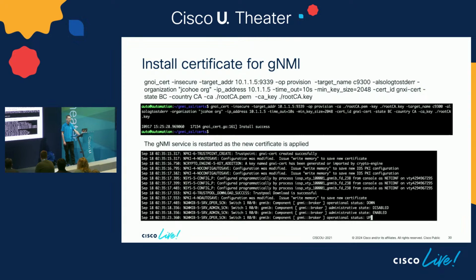Once it's connected, it'll pass the certificate in and install it into the trust store. Once I install the certificate into the trust store, it's used right away by this microservice, and we can see that the actual API goes down and then comes into an operational up state right away. That's part of this: we can install a certificate and it's used right away.